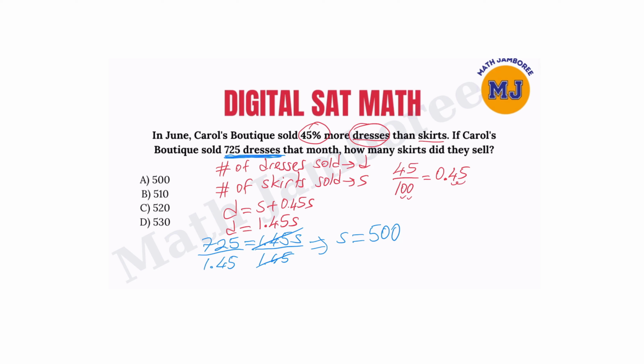Hundreds. So 500 skirts were sold by Carol's Boutique then. So the correct answer is choice A. B, C, D are not the answer for it.